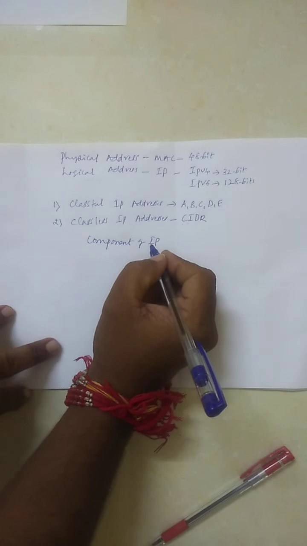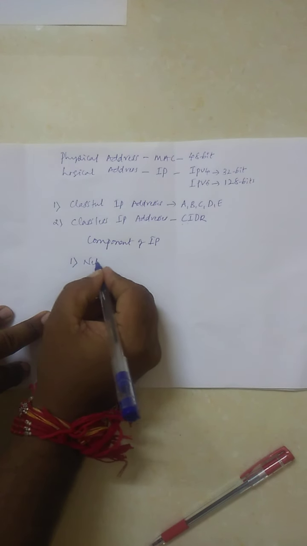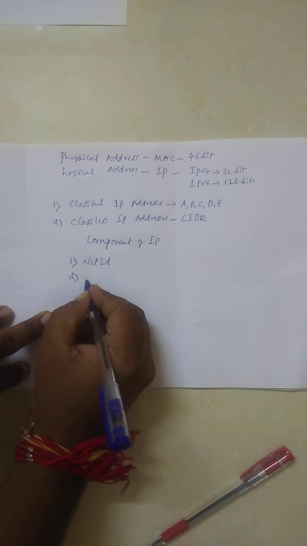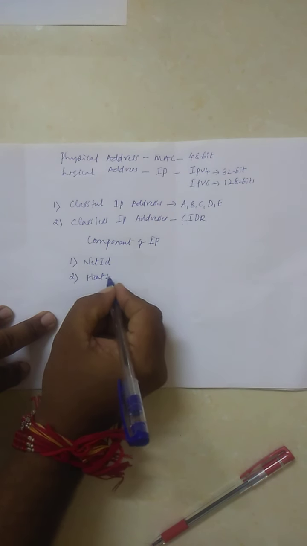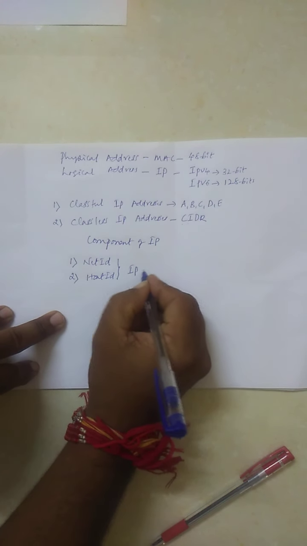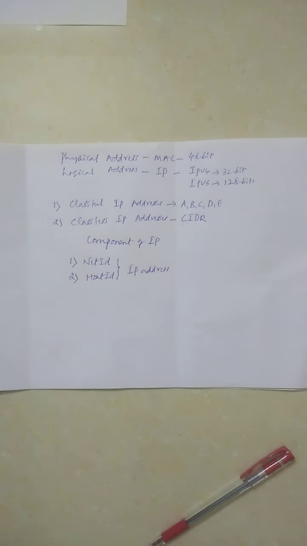Our IP address has two main components: one is net ID and another is host ID. These two, host ID and net ID, form our IP address, whether it is IPv4 or IPv6.